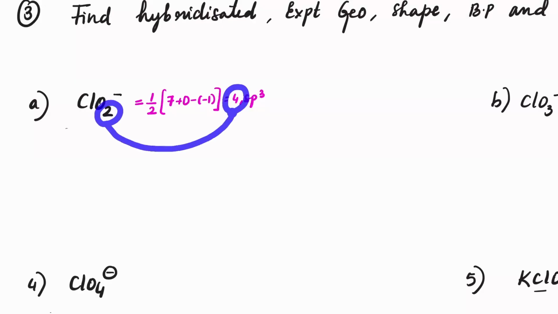How many do we have? 2. 4 is to 2, which means for every 4 orbitals, only 2 are occupied by bonded electrons, so the other 2 must be lone pairs. So I can say 2 bond pairs and 2 lone pairs here.